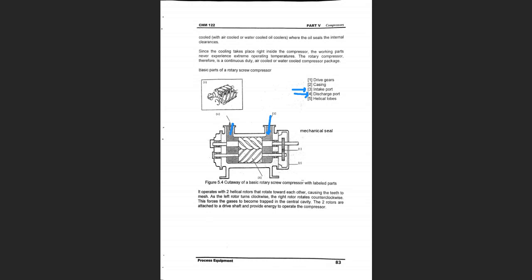Okay, and we have the casing of the pump, and we have the helical loops or screws if you want to. Okay. And let's stick to what we have here in the book. But in chapter 1 it says that they are basically screws, rotating in opposite direction.